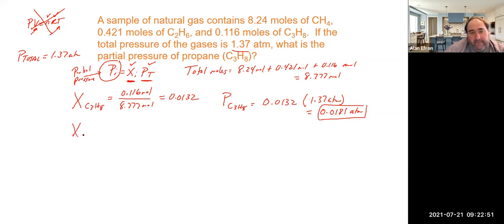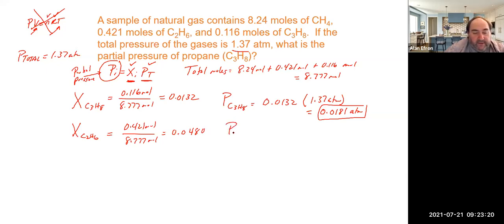You obviously could do it for every gas that's here. You could have done it for your ethane by simply taking the moles of your ethane, which was 0.421, divided by 8.777, and you get the mole fraction of about 0.0480.